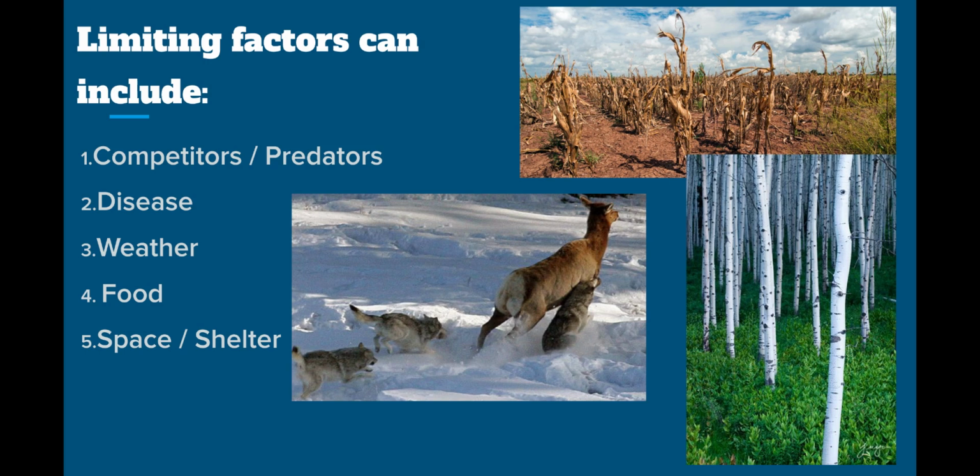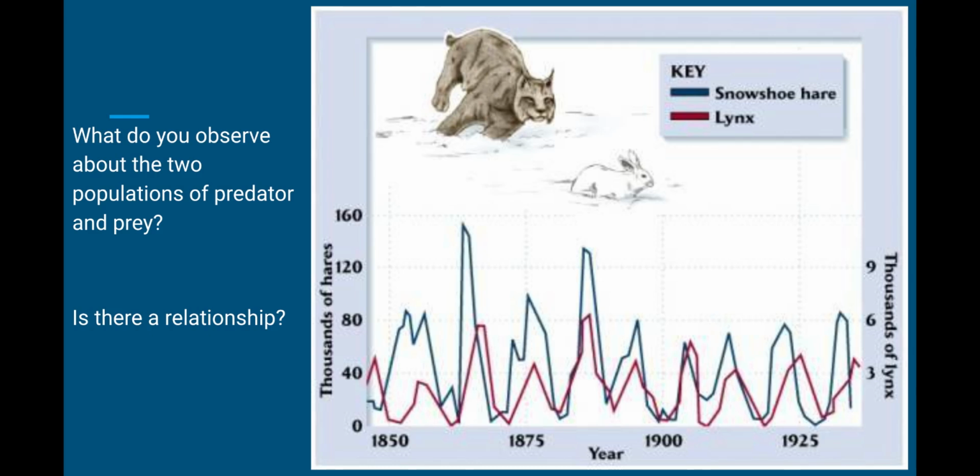As the mice get too big, there's plenty of food for those predators to eat. So these things are called limiting factors, things that put restrictions on the amount of organisms that an environment can hold.